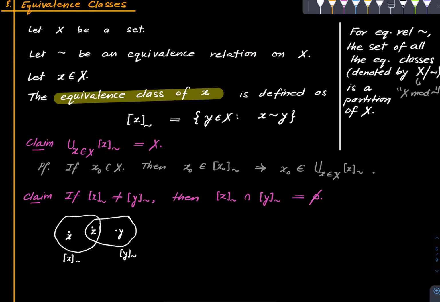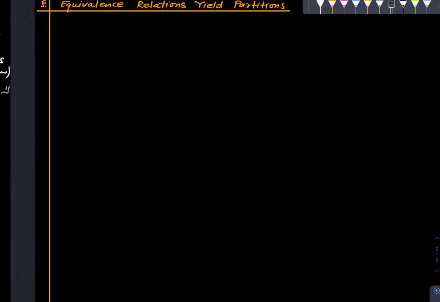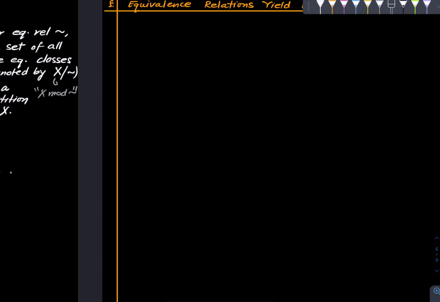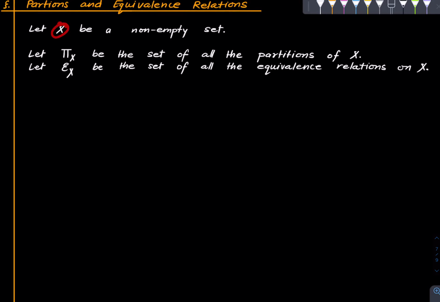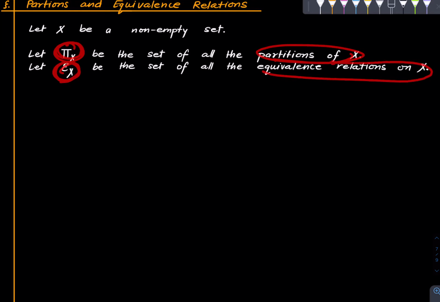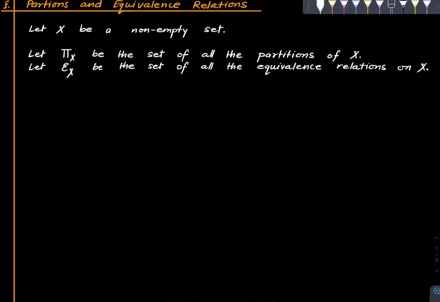So now we will finish everything. Suppose x is a nonempty set, and this is the collection of all the partitions of x, and this is the collection of all the equivalence relations on x. Now we have our map, capital Phi, which is from partitions to equivalence relations.